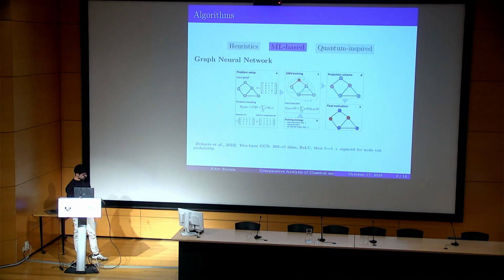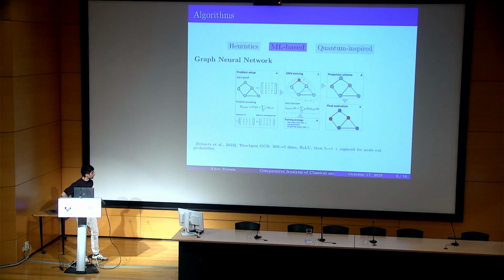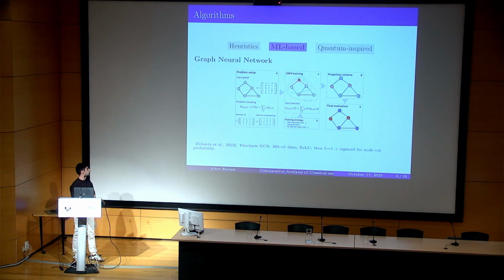The second algorithm we use is a graph neural network. We use this neural network from this work with these parameters. It uses the same formulation, the QUBO formulation, but has a different strategy for solving this.